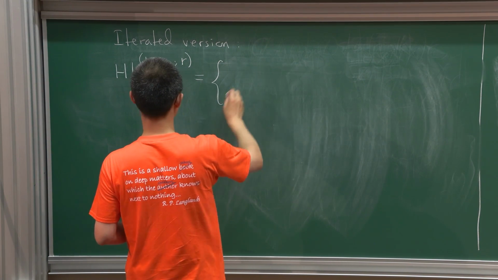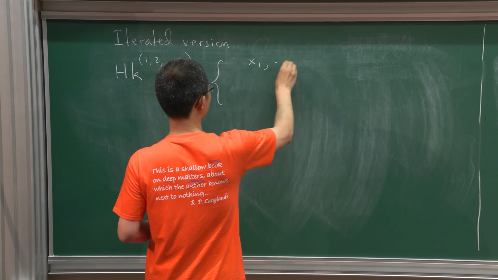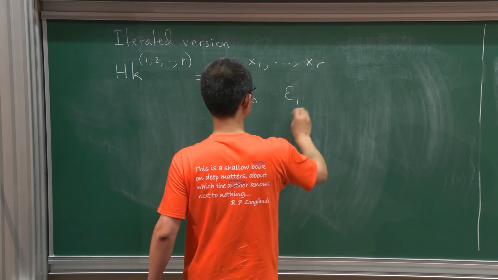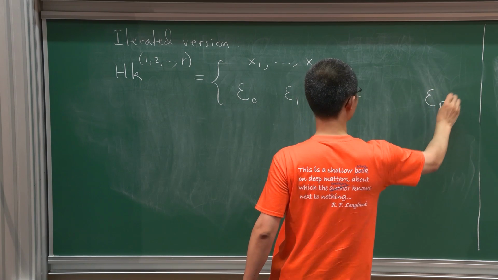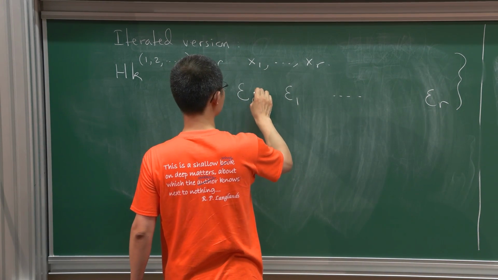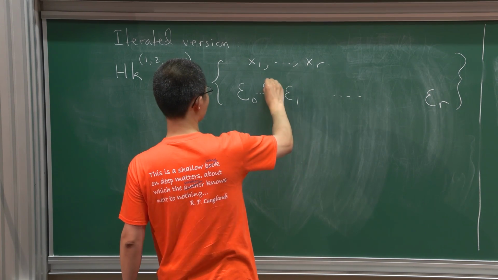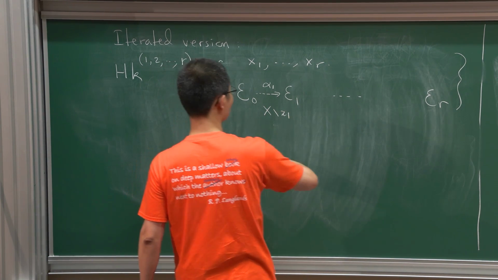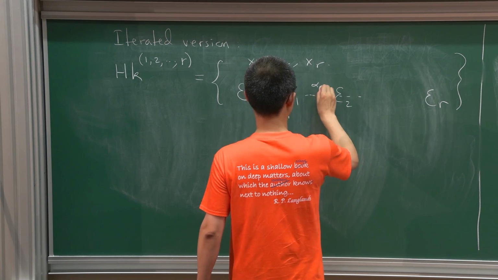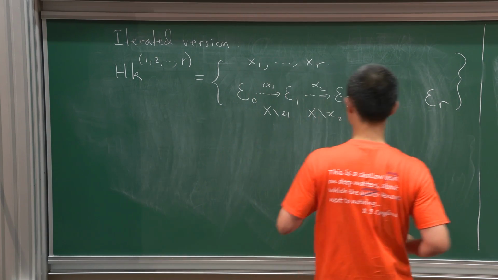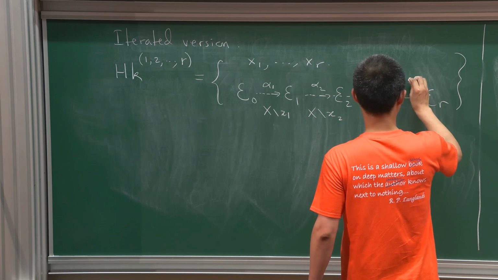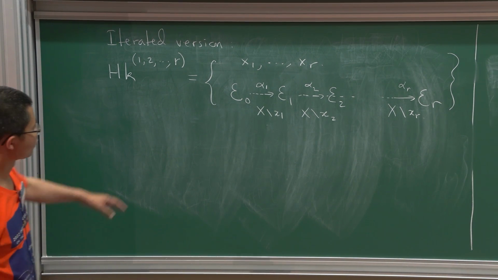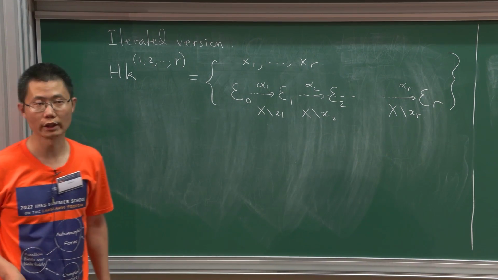So this means first I need to specify R points, and then I have G-bundles, R plus 1 G-bundles, and they are related by these isomorphisms away from the corresponding point. So this is on X remove x1. This is on X remove x2. Isomorphism on this complement, and so on up to alpha R. Okay, so this is the unbounded iterated Hecke stack.